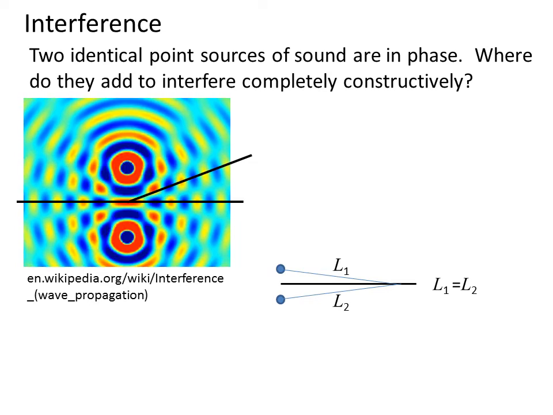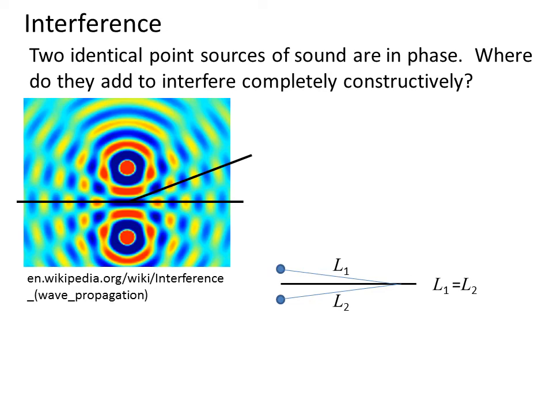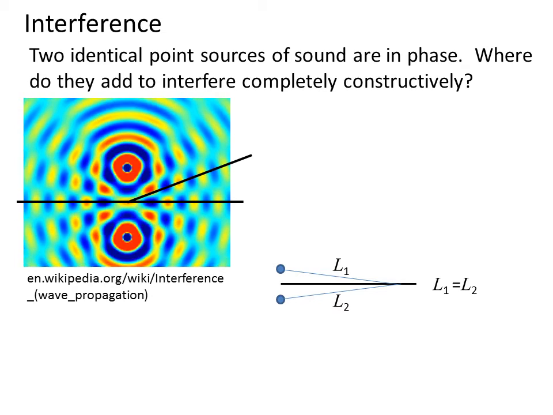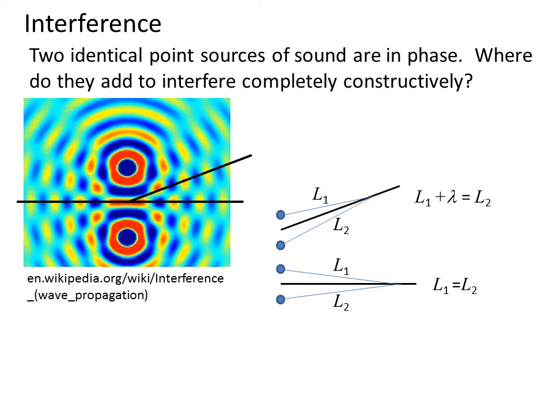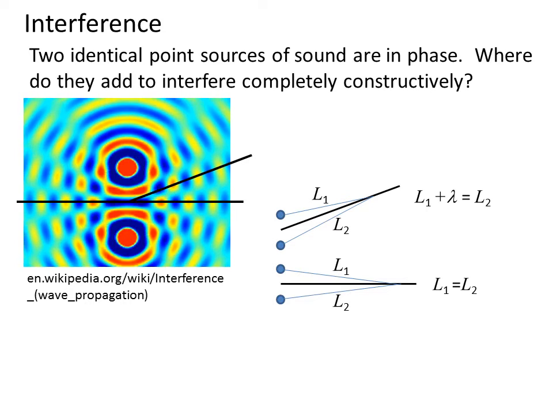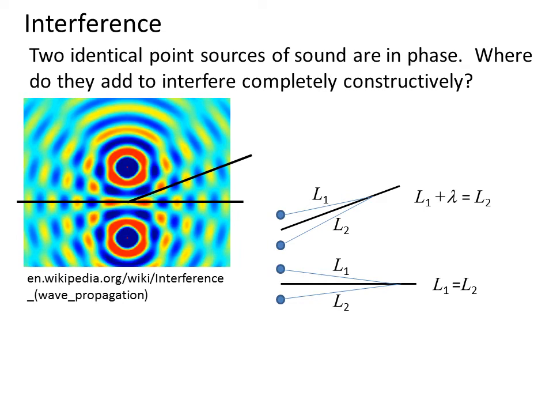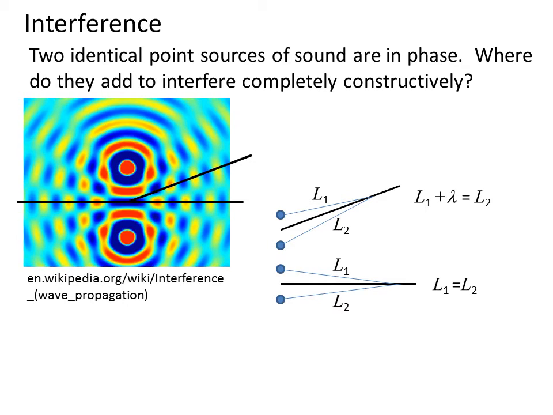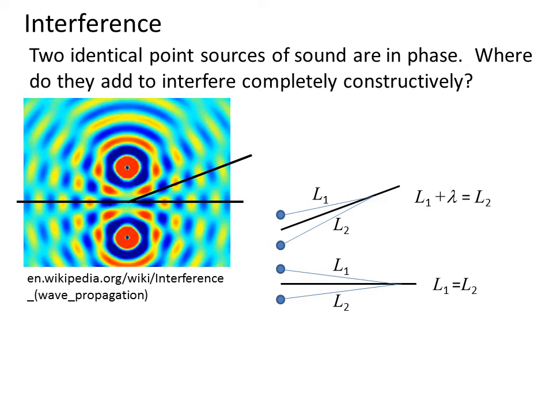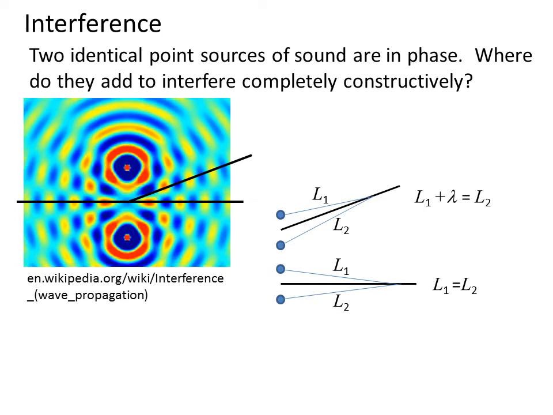If we look along this other black line that's just been added, it's where you see peaks going off at an angle slightly upward. We see that L1 is shorter than L2, and it's shorter exactly by one wavelength, so that the wave emitted by L1 is a wavelength in front of the wave emitted by L2.